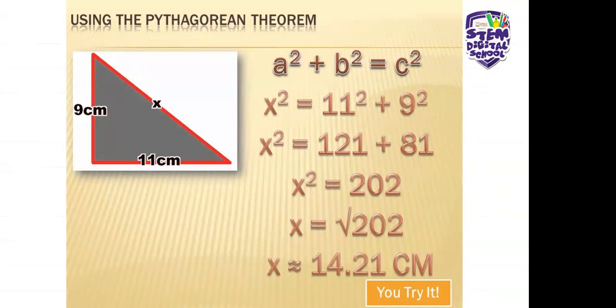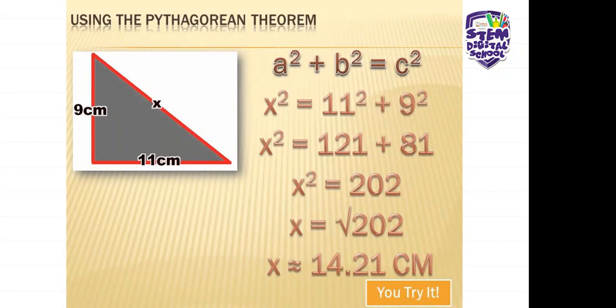Of course, x squared will be equal to 11 squared plus 9 squared. And 11 squared is the same as 11 multiplied by 11, which is 121. And then 9 times 9 is 81. And of course, if you add the 2, you get 202.